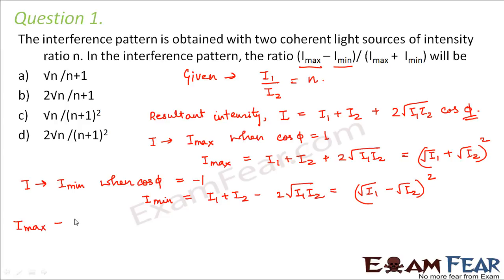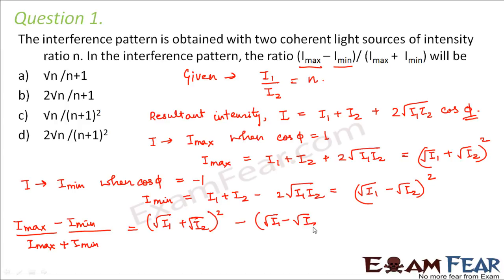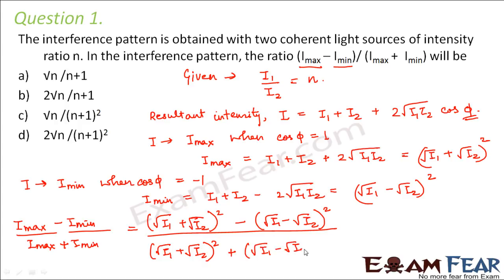So you can say I max minus I min divided by I max plus I min can be written as root over I1 plus root over I2 whole square minus root over I1 minus root over I2 whole square, divided by root over I1 plus root over I2 whole square plus root over I1 minus root over I2 whole square.